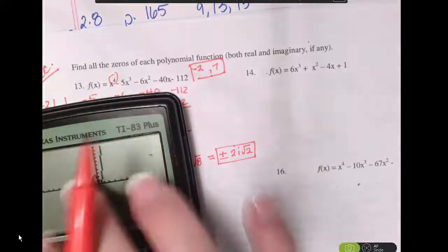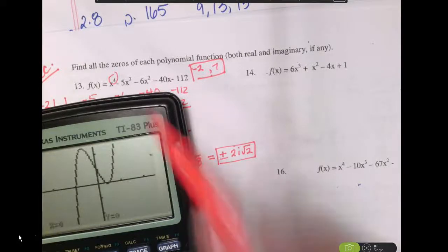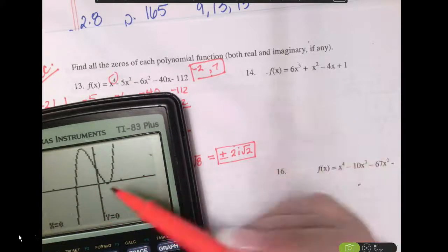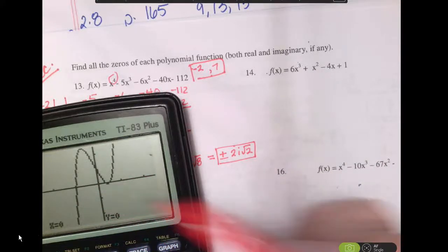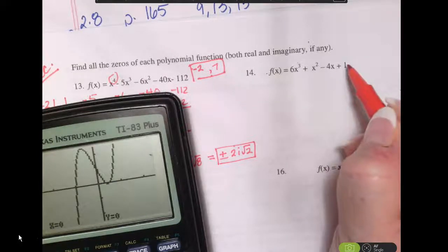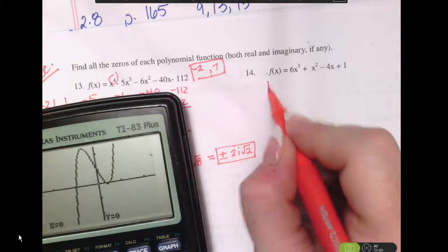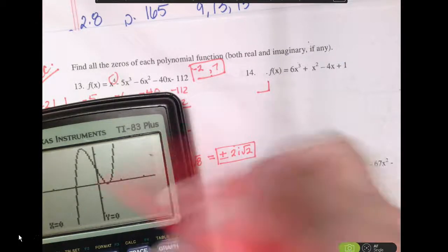Alright, so I'm going to zoom in on this section right here because that's got some places where things are crossing. So I crossed at -1, and then this is some fraction right here. So my rational root theorem probably tells me that it's 1/6, but I'm not 100% sure, so I'm just going to go ahead and divide out the -1.